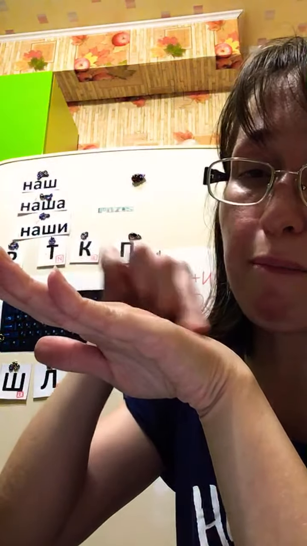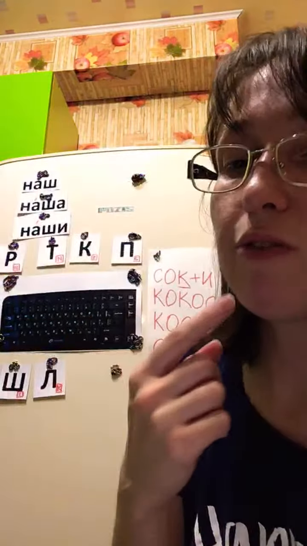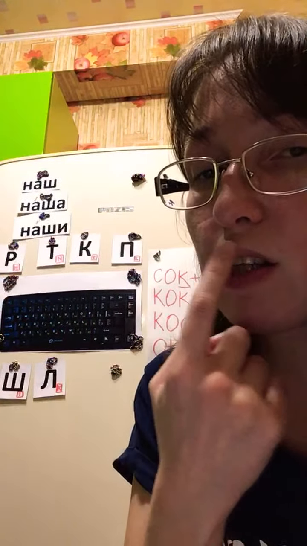Imagine that it's your tongue, you put the back part down, and you need just the tip of your tongue behind your upper teeth. If you still can't pronounce it, put the tip of your tongue on your upper lip.